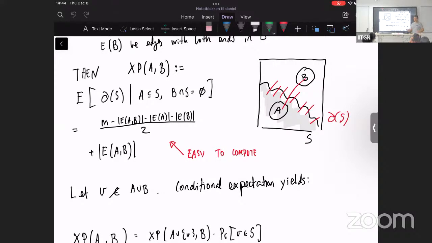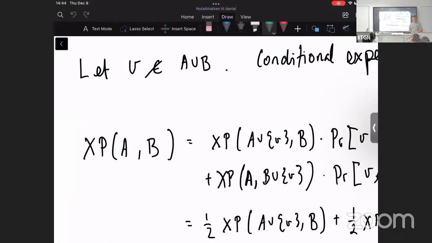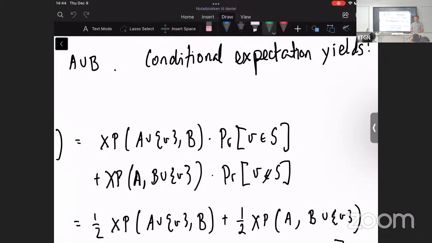Okay, so suppose we have already decided that A should be in S, B should not be in S, and I'm trying to figure out what to do with the vertex V. Now I know that the expected size of the cut given A and B is the expected size of the cut given A union V comma B times the probability that V is in S, plus the expected size of the cut given that I put V into B times the probability that V is not in S, which is of course 1/2 for both.